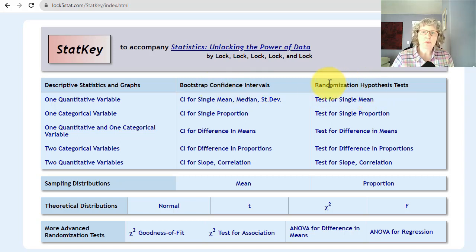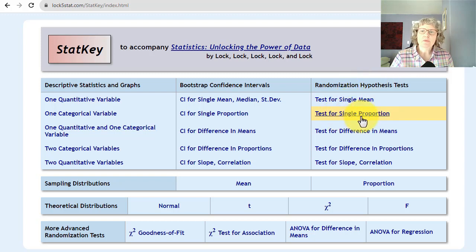Now we're over in the right column for randomization hypothesis tests. So we'll be using almost all of these: mean, proportion, difference of means, and difference of proportions. We're not going to test for slope and correlation in this class, but if you take Math or Stat 244, then you'll likely do that in that class, or if you take another stats class somewhere else.